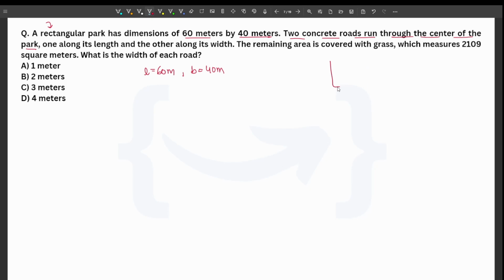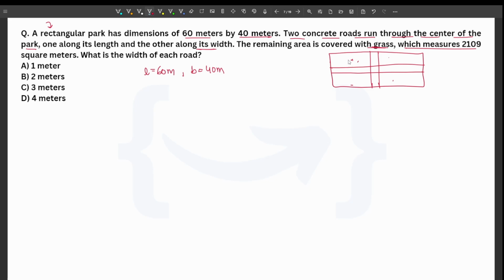So if I draw a rectangular park like this, there are two concrete crossroads in this park, one along its length and the other along its breadth. The remaining area is covered with grass, which measures 2109 square meters.